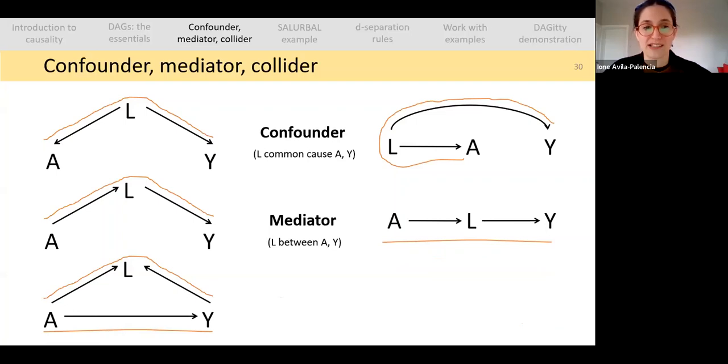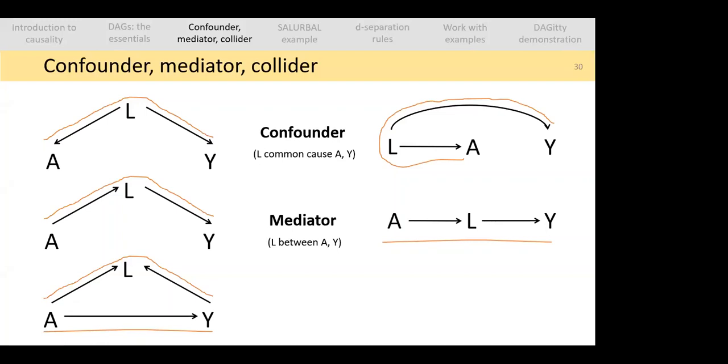So to be cyclic, you would need to have the arrow between L and Y going in the other direction, and the arrow between Y and A in the other direction, in order to have a loop, like a circle. But this is not a circle because you have two arrows pointing to L. I don't know if I'm explaining myself.